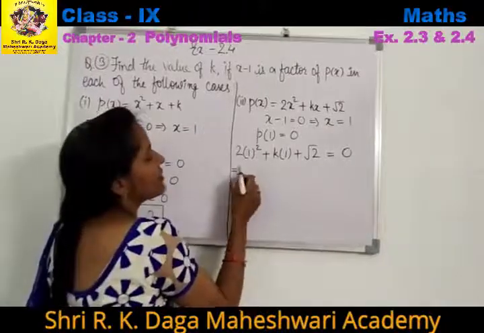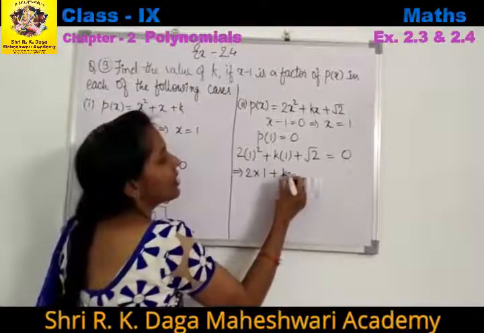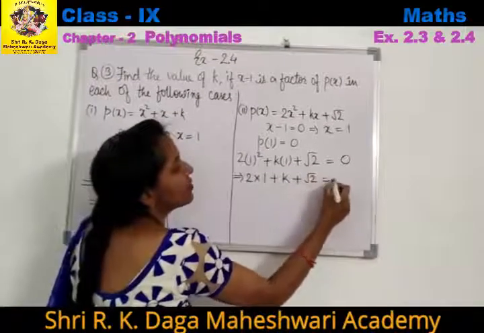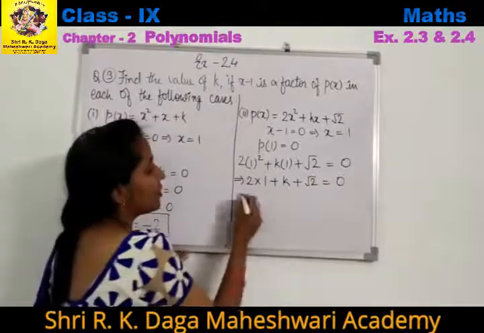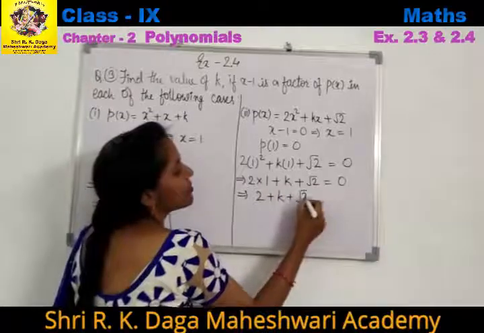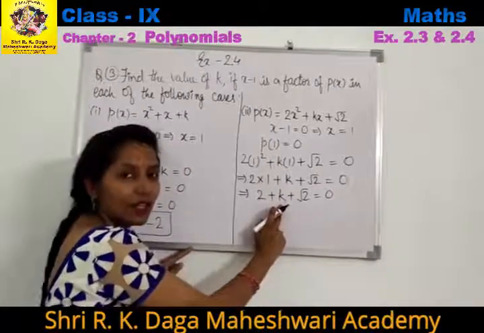Now when we solve this, we get 2 into 1 square is 1, k into 1 is k, plus under root 2 equal to 0. Now 2 ones are 2, plus k plus root 2 equal to 0. We want to find out the value of k.